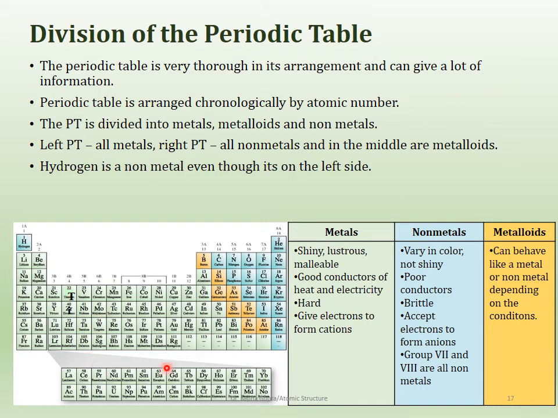So here's the periodic table. And first we're going to learn about some of the classifications of the periodic table. First, the periodic table is arranged chronologically by atomic number, not by mass. Remember, with mass you can have isotopes, so the masses can vary, but the atomic number is pretty consistent.